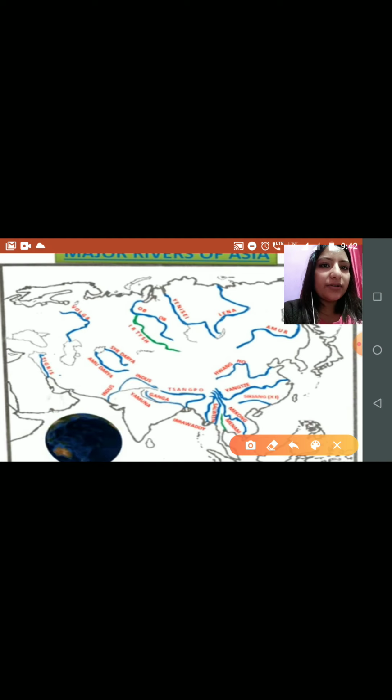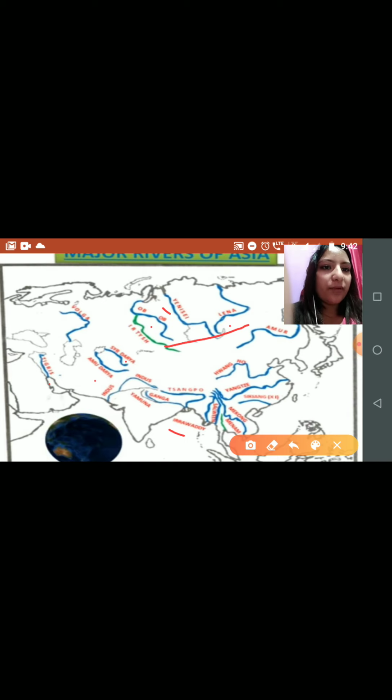See all the rivers, the Tigris, the Amu Darya, Syr Darya, then you have your Irrawaddy, Yangtze, Lena, Ob. All these are the drainage system of Asia. Okay, the names of most of the rivers you can see in this map. So do follow this map for the drainage system.